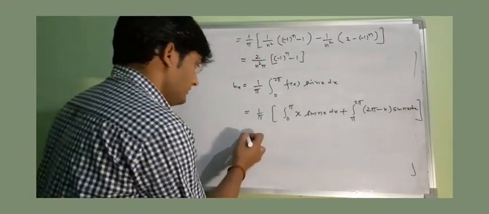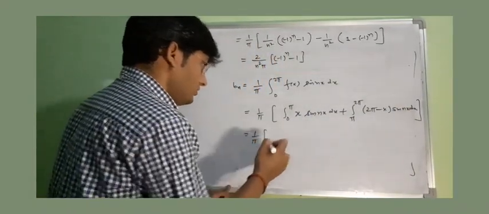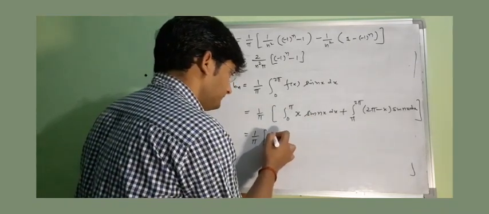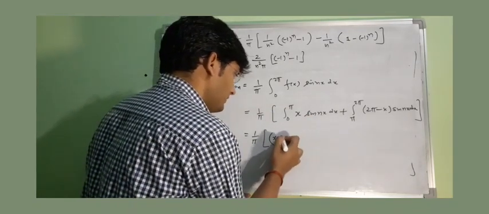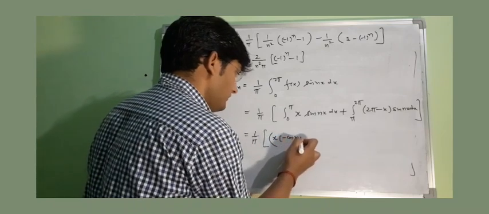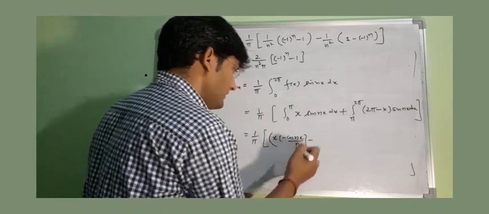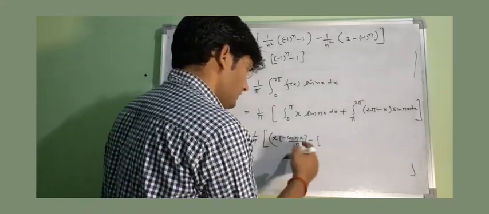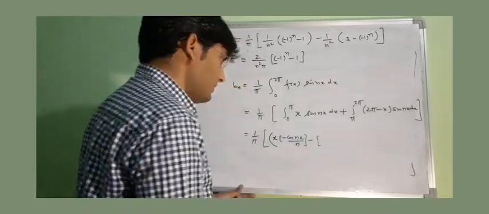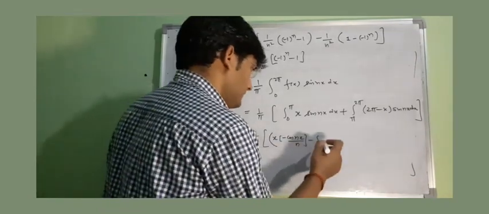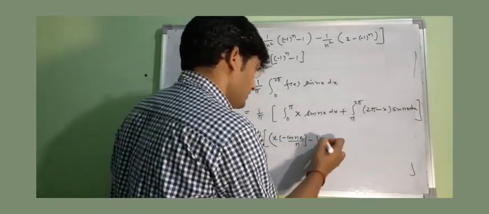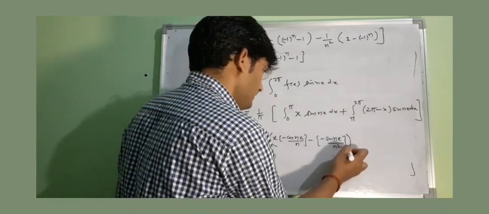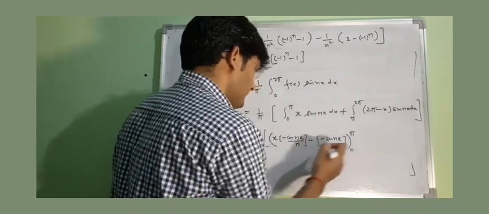So let us again use the Bernoulli rule of integration. So this will be your x. Integration of sin nx will be minus cos nx upon n. Then we will have minus sin, and the differentiation of x will be 1. So at this point we will have the integration of cos nx, which will be sin nx upon n square, and the limits from 0 to pi.